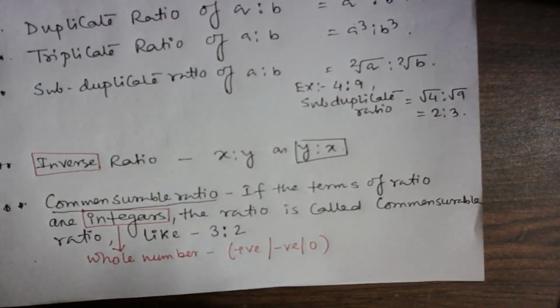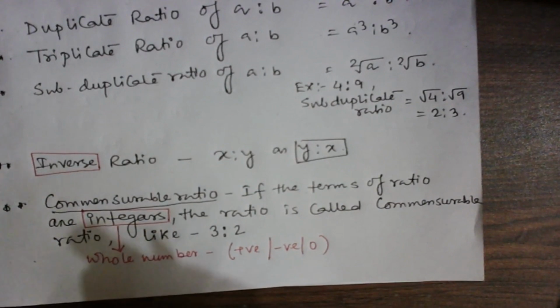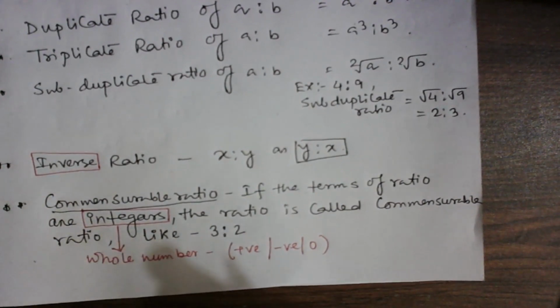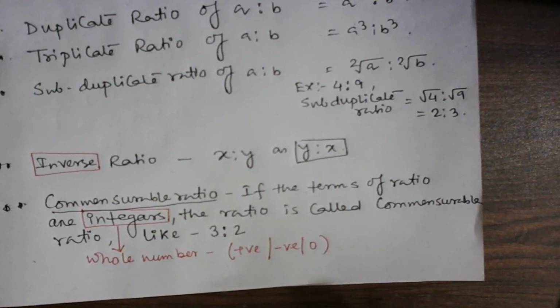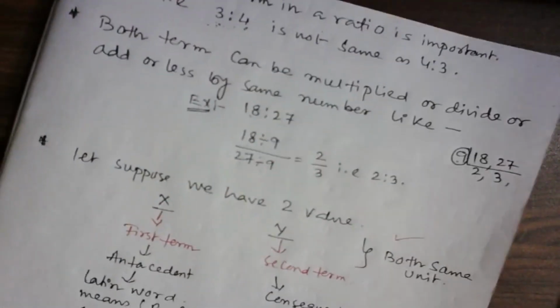So what do you understand by the incommensurable ratio, which is not an integer? The ratio is called incommensurable, like root 3 is to root 2 or root 7 is to root 3.